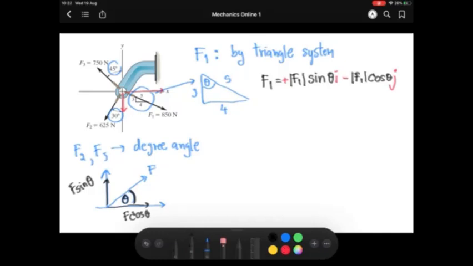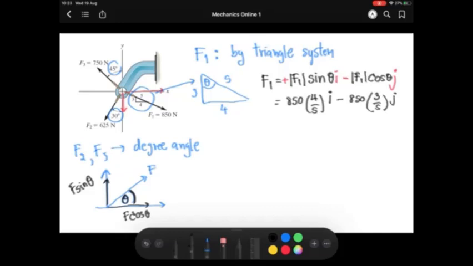We will continue by putting the numbers in here. So we will get F1 is equal to 850 sine theta, which is 4/5 i, and then minus 850 cos theta, which is 3/5 j.